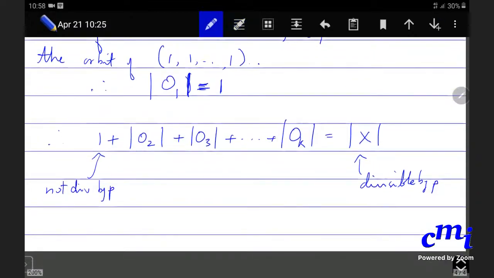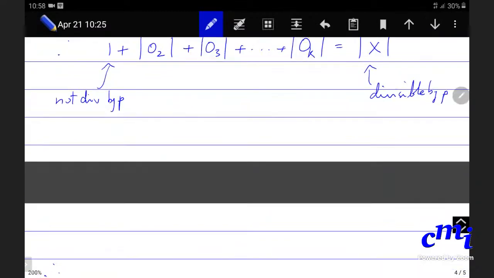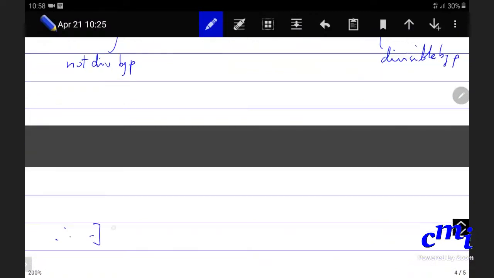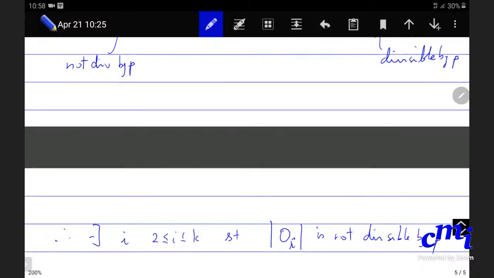Therefore, there must exist an i, 2 less than or equal to i less than or equal to k, such that the ith orbit is not divisible by p. Right?